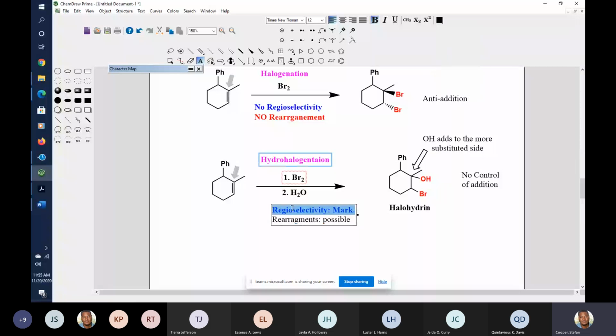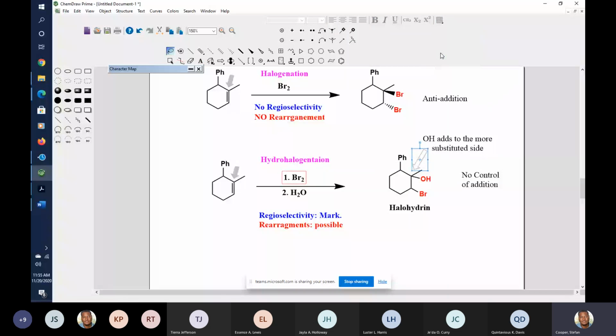Let me bold and red that. All right, so rearrangements are possible, but this makes the question extremely beyond the level of this course. Typically all we're going to be interested in is for you to recognize that there's an OH that's going to add to the more substituted side. You'll be fine there, all right?